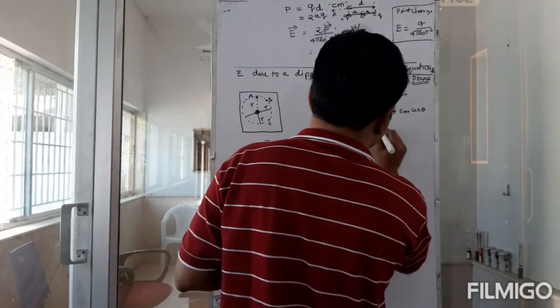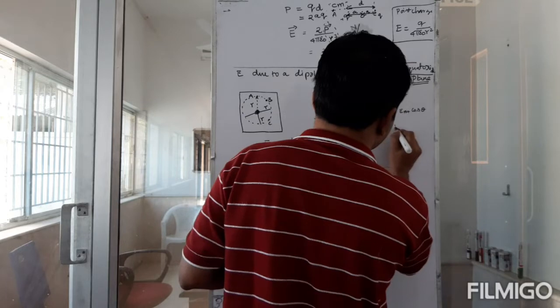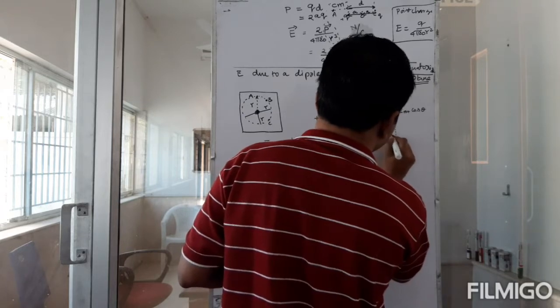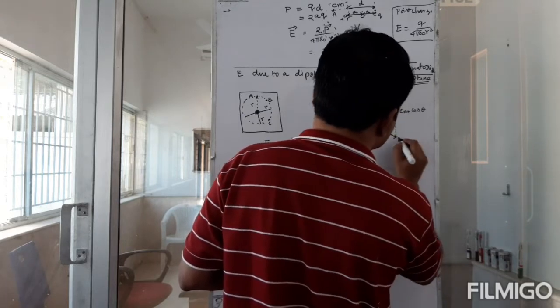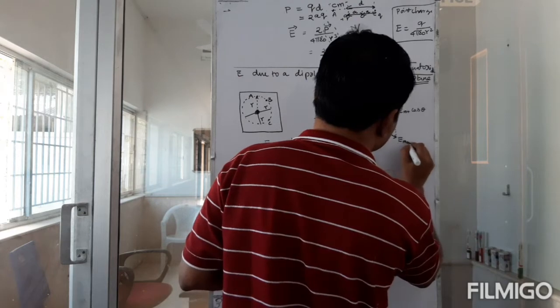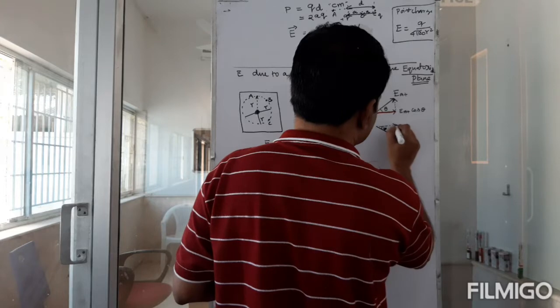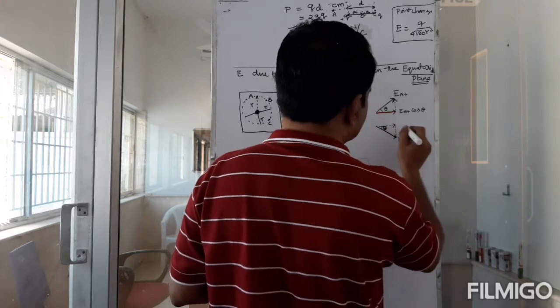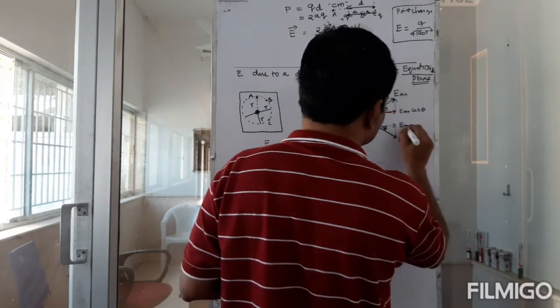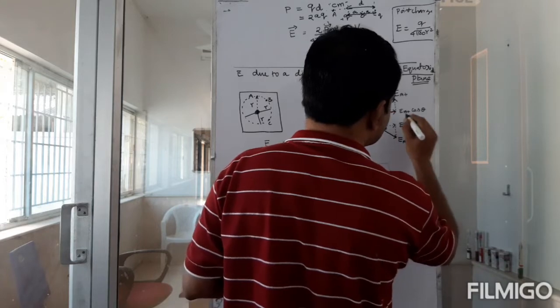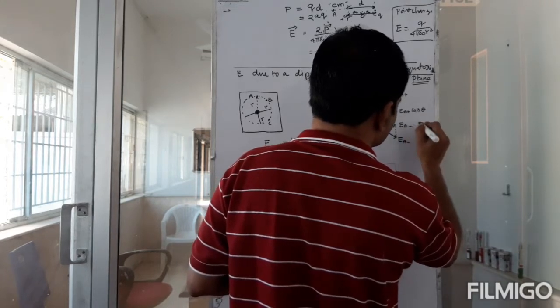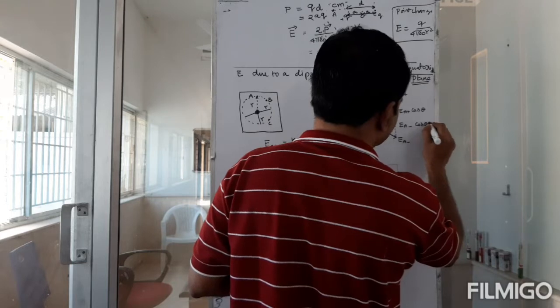Then you have this part, that is EA minus, and the same angle theta is there, and I need this part, and that would again be EA minus cos theta.